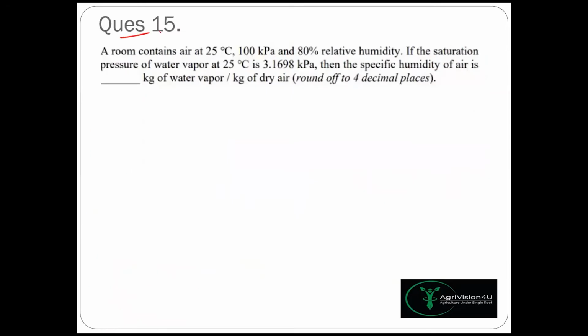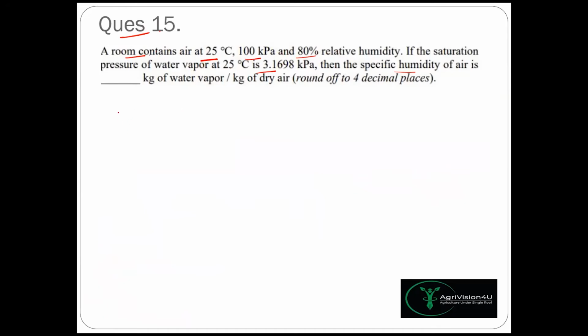Coming to question number 15, it says a room contains air at 25 degrees Celsius, 100 kilopascals, and 80% relative humidity. If the saturation pressure of water at 25 degrees Celsius is this, then we have to find out the specific humidity. The saturation pressure is given, that means the PV is given already.